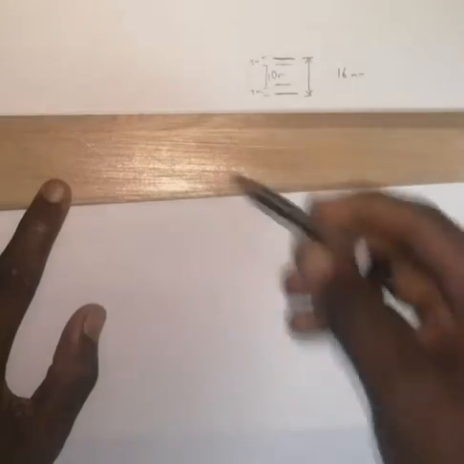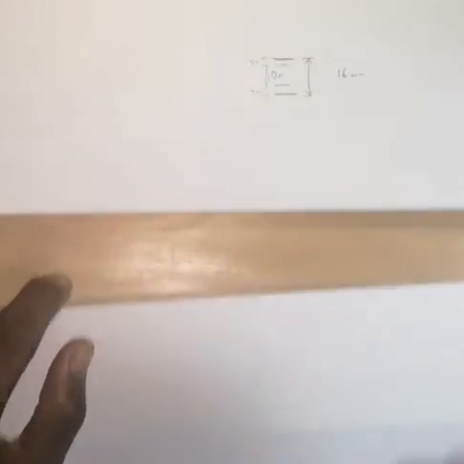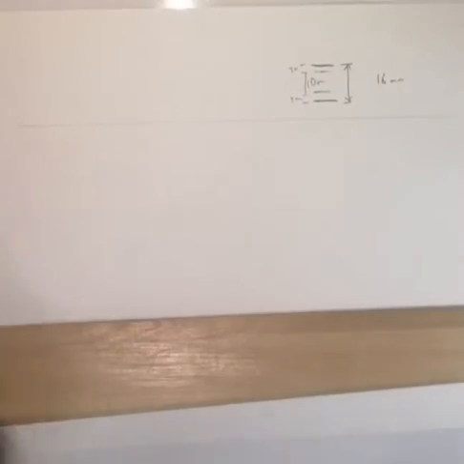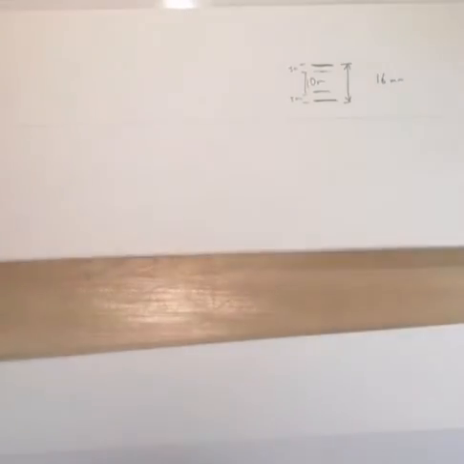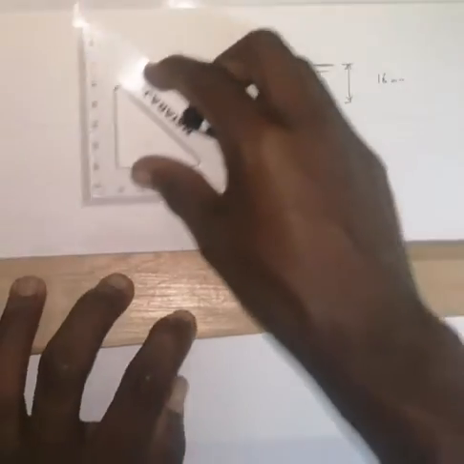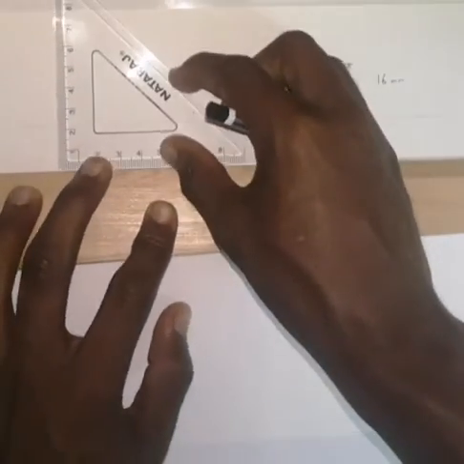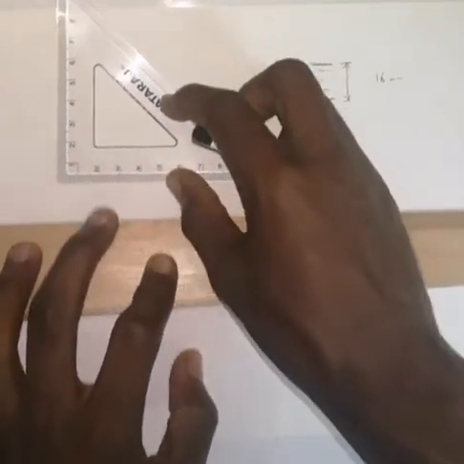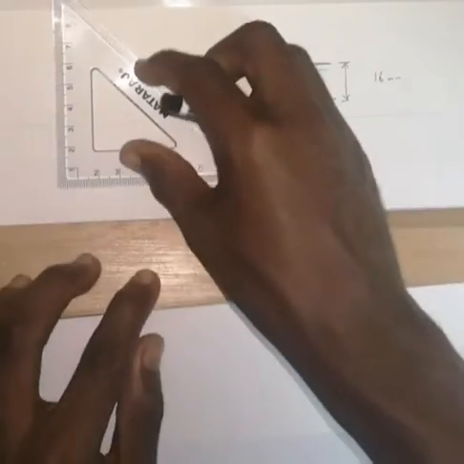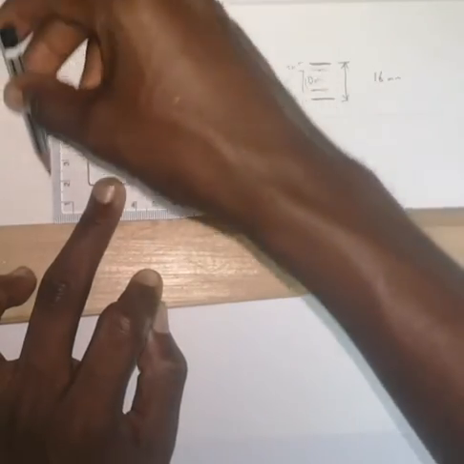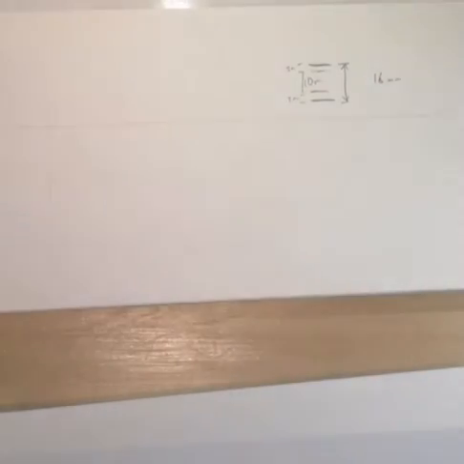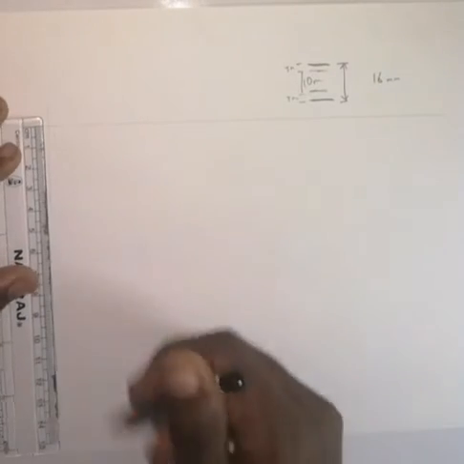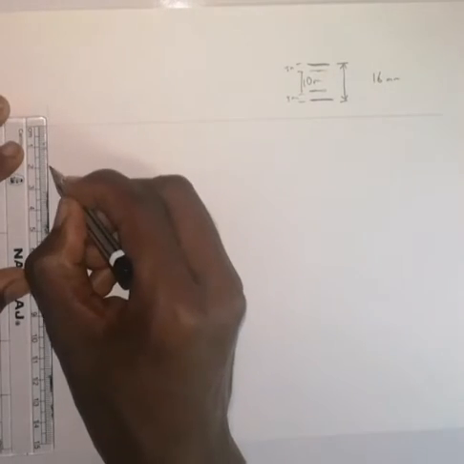So first we are going to draw our line, then we would draw immediately, that's a thin line. For this one, I wouldn't use the marker, I would use just the pencil. I'll try my best to make sure that the pencil looks both thin and thick. And then I would measure out my 16.